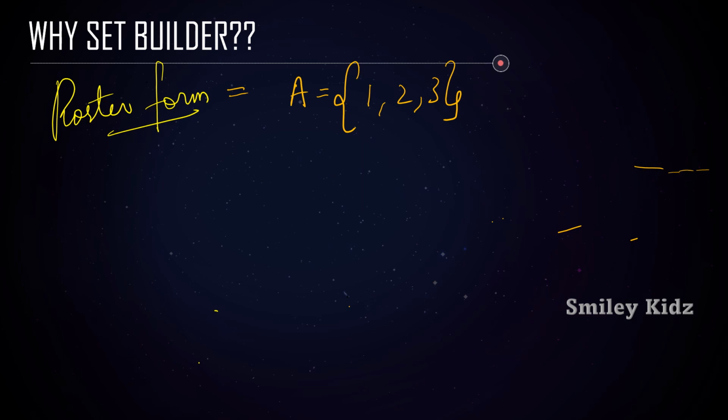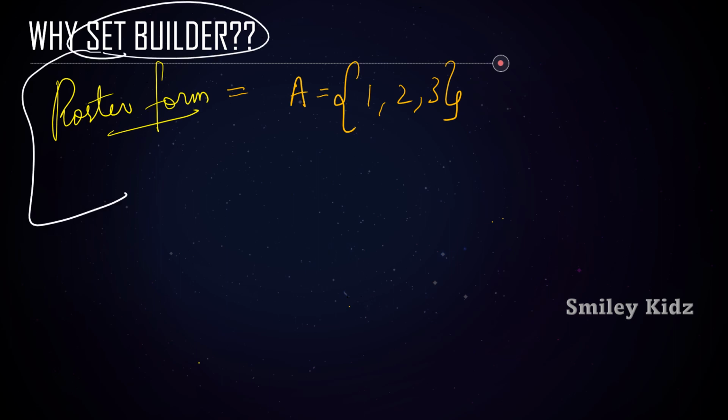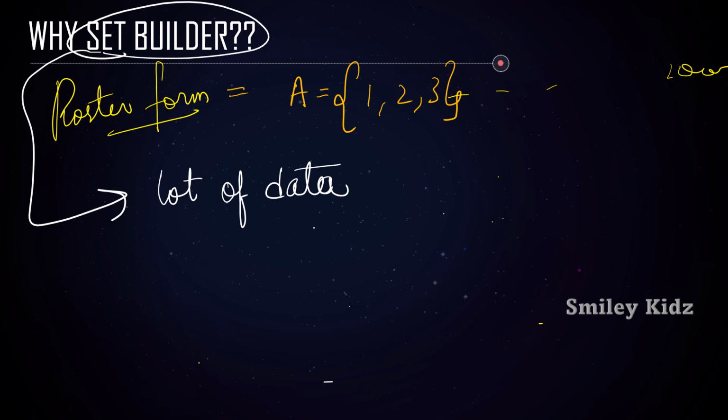Set builder can be a complex process to convert from a roster form to a set builder form, but that means the set builder is actually helping us to write a lot of data in a simpler form. Alright, now how do I do that? If I need to convert this 1, 2, 3, 4, 5 till 10,000, let's suppose I have A is equal to, I'm building a set right now.